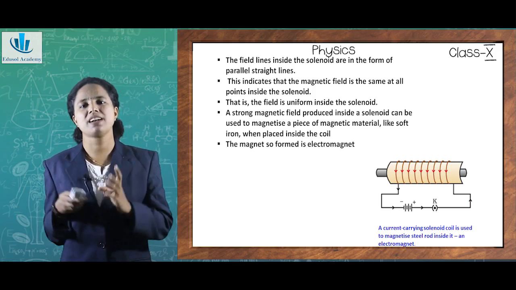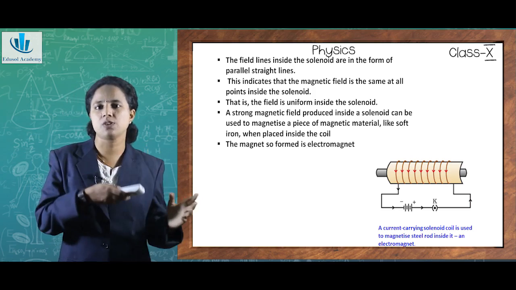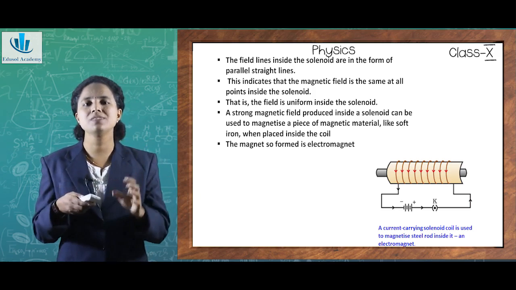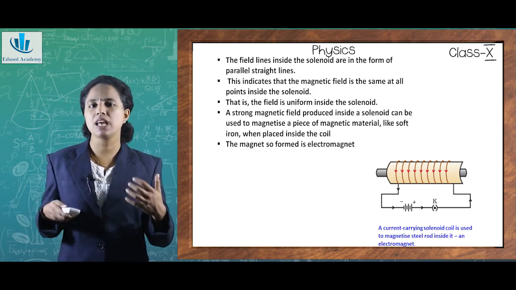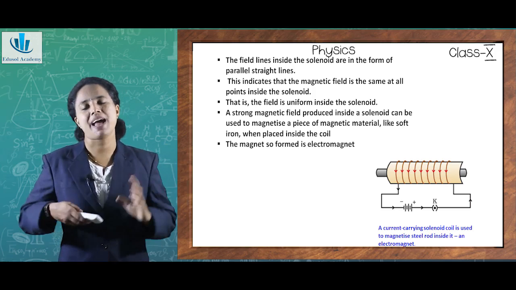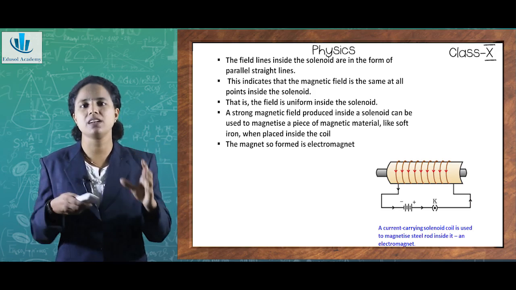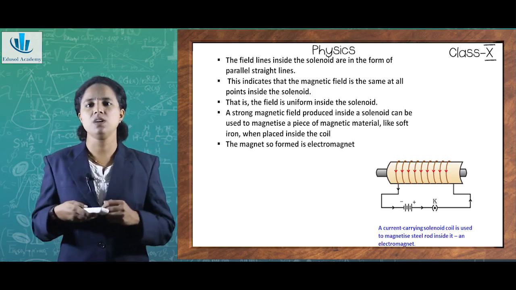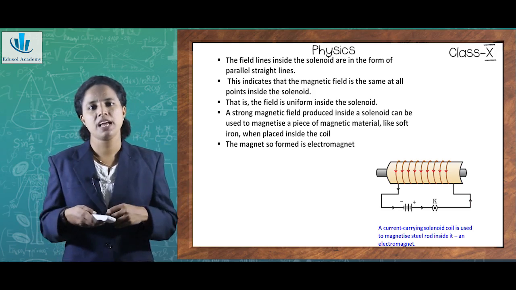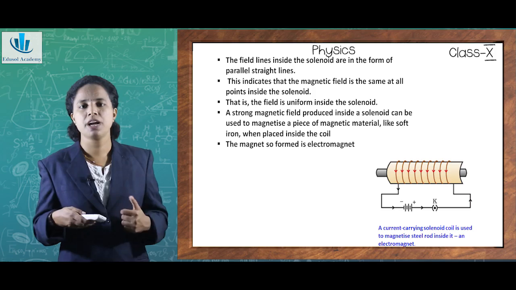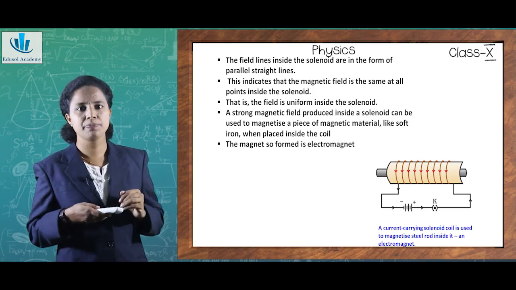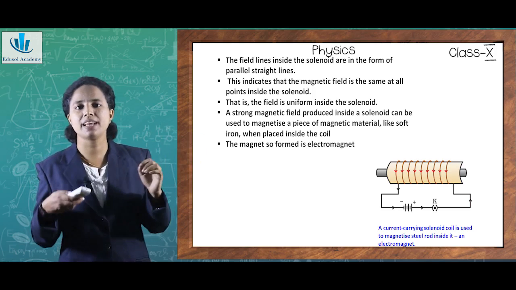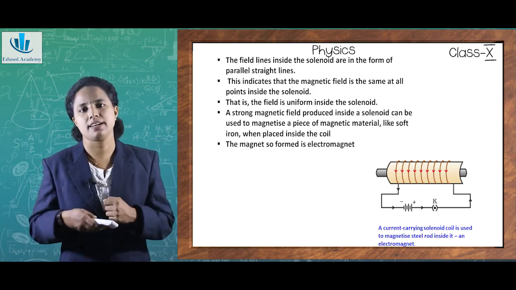So a strong magnetic field produced inside a solenoid can be used in an effective way. How can it be used? It can be used to magnetize a piece of magnetic material like soft iron when it is placed inside the coil. That's what you can see in the picture. A current carrying solenoid is used to magnetize the steel rod inside it.